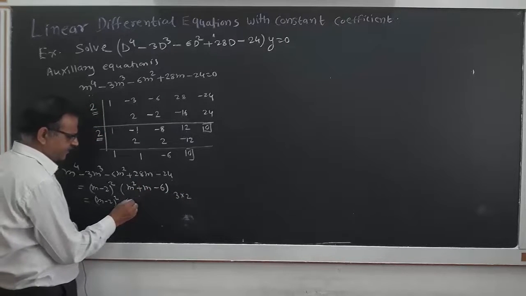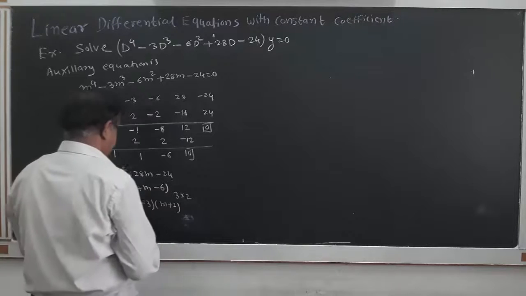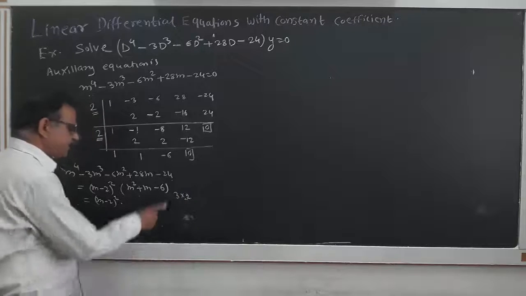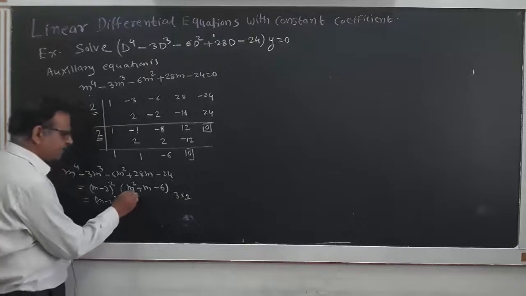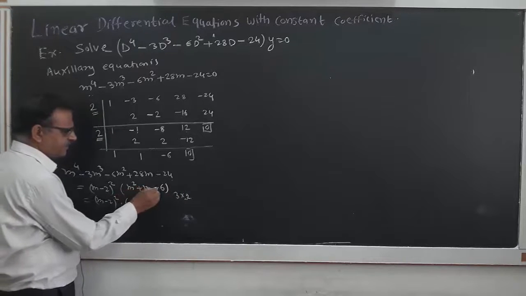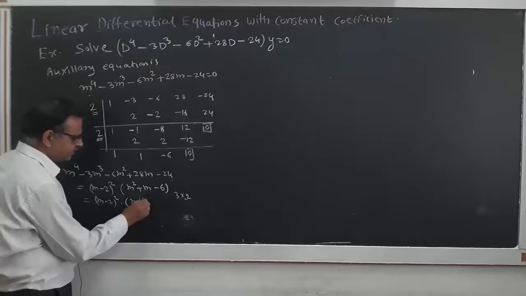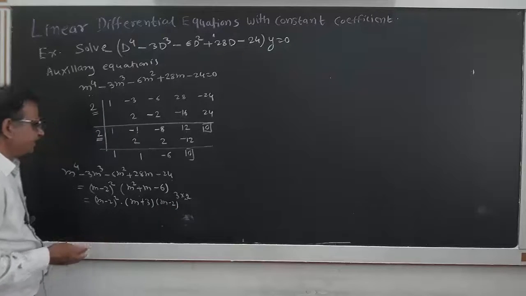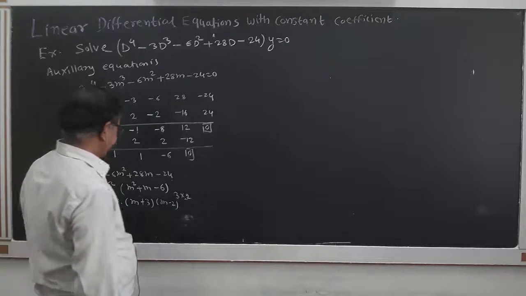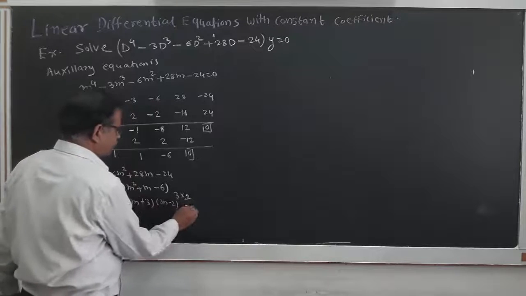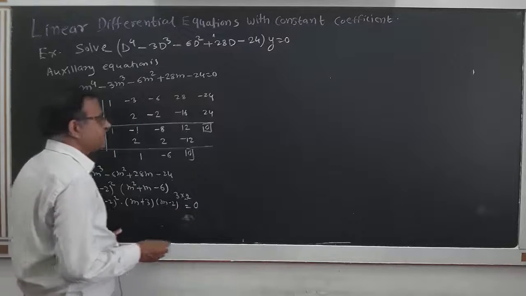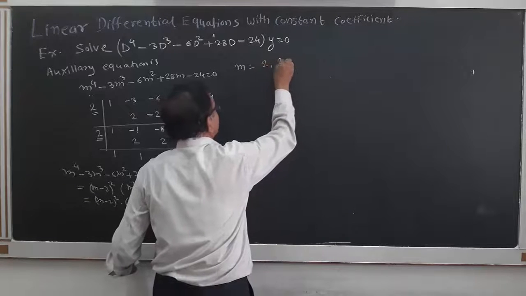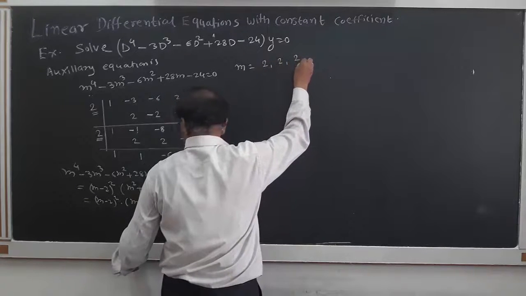It can be written as +3 and −2. Therefore, the factors of m² + m − 6 are (m + 3) and (m − 2). Thus, the roots of this auxiliary equation are m = 2, 2, 2 and −3.